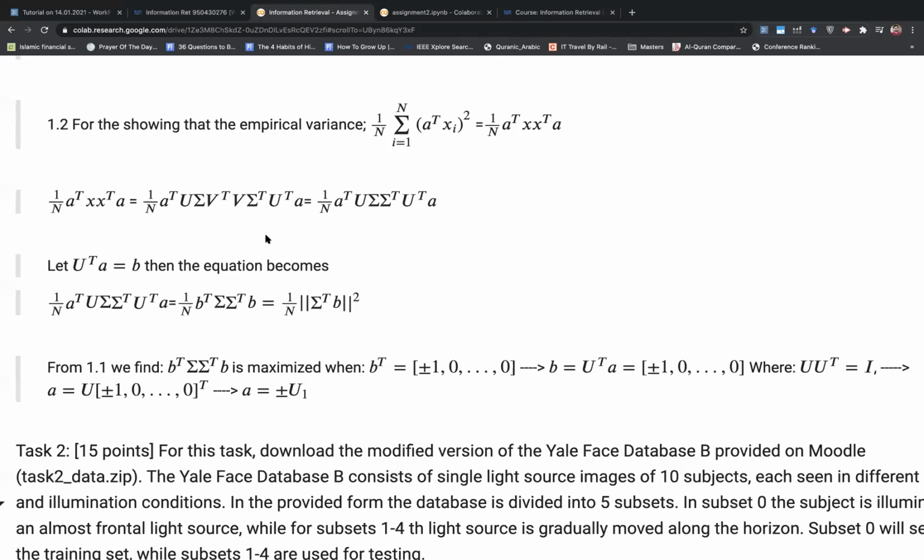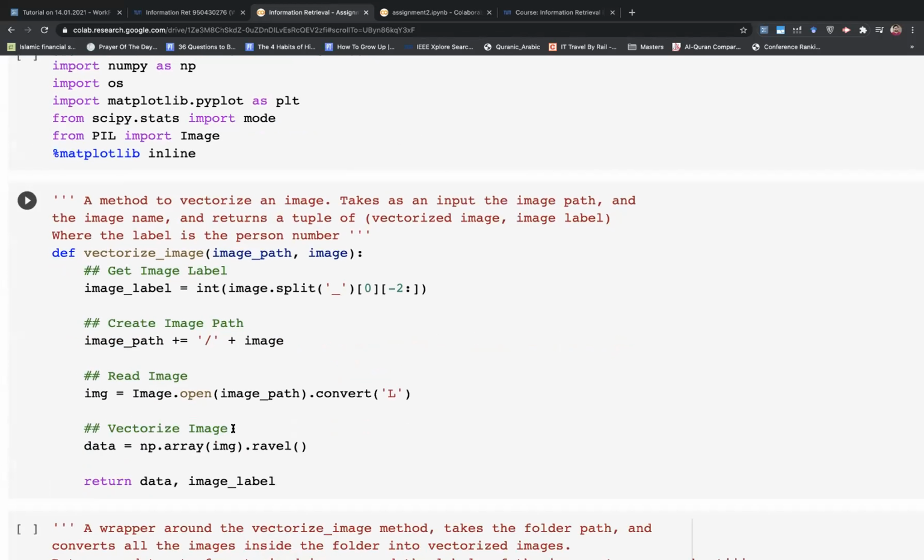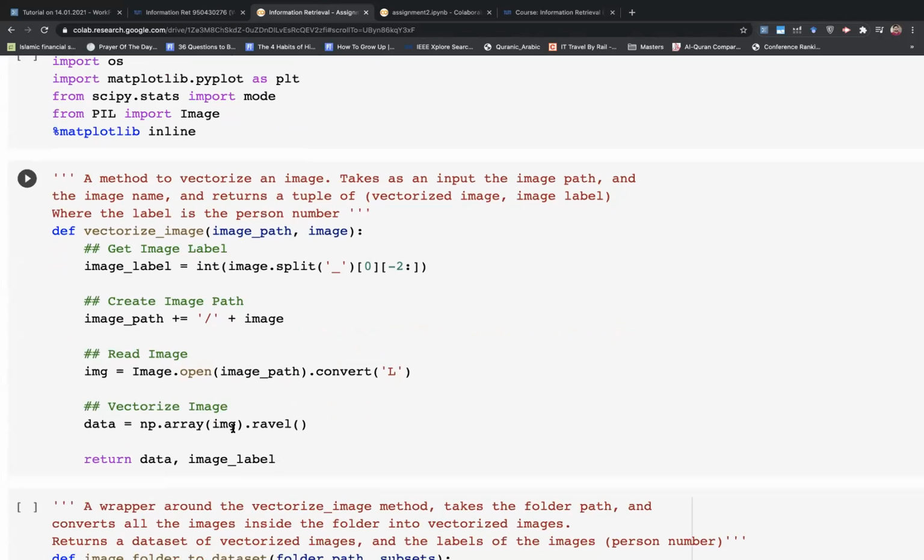Another implementation, which is quite simple, is that you first define a vectorized image, get the image label and the image path, and then open the image using the image library. Then you just use the ravel function to vectorize it.